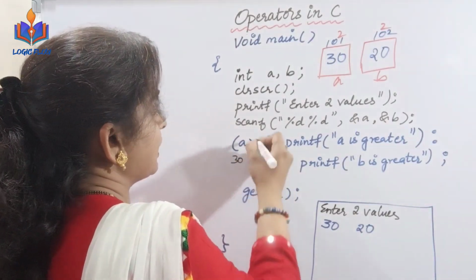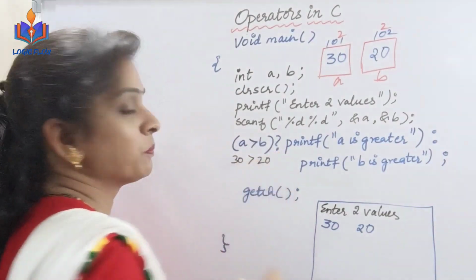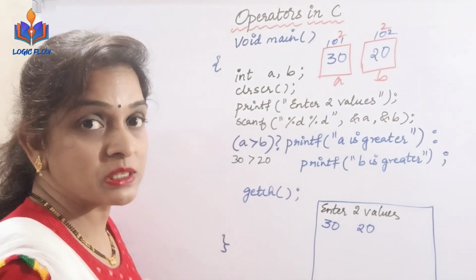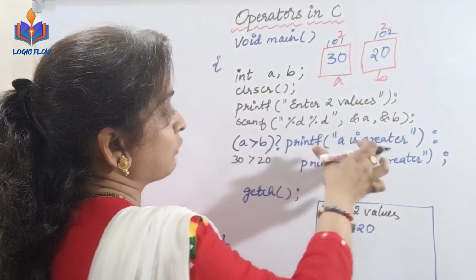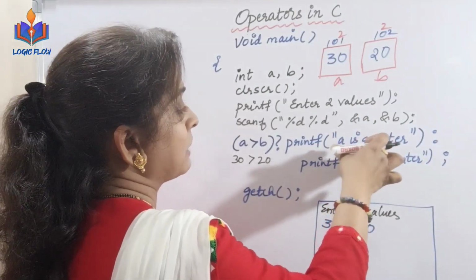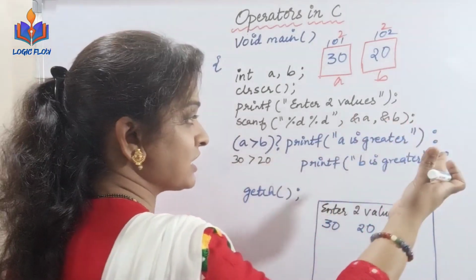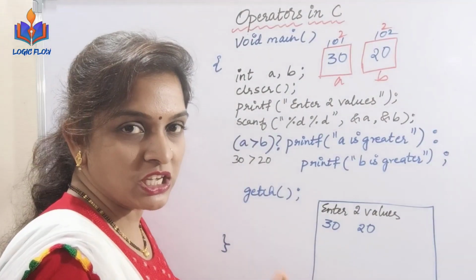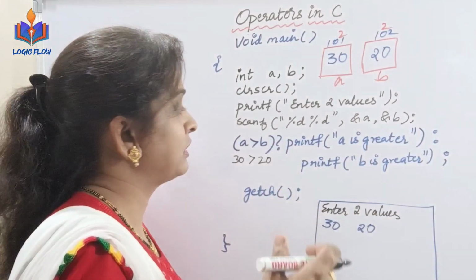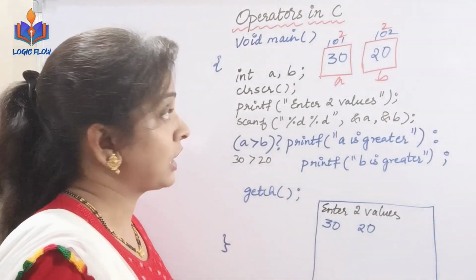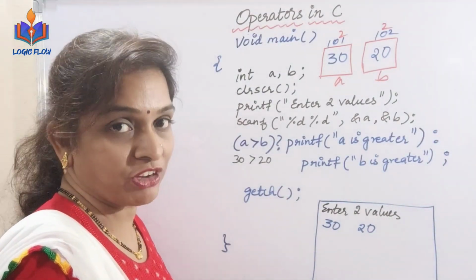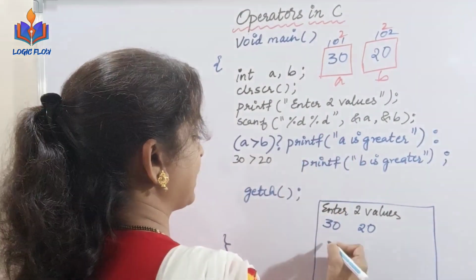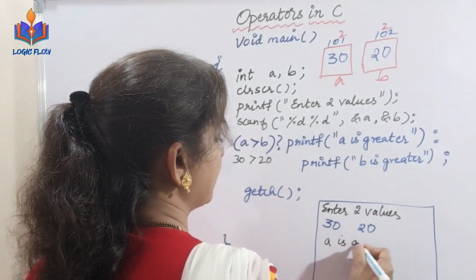Is 30 greater than 20? Yes, the condition is evaluated as true. Then it will execute the first true block, and I get the message "A is greater". You can still have a more valid message: you can say %d is greater and, with a comma, print the variable name a. That will be still more effective, and you get "30 is greater". But right now, for this program, I'll be getting the output as "A is greater".